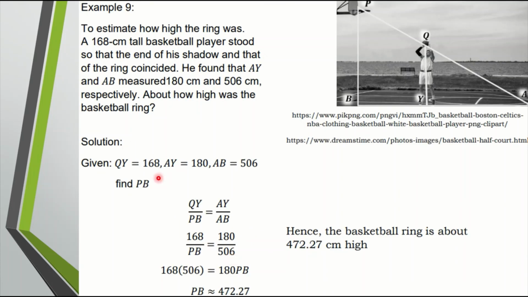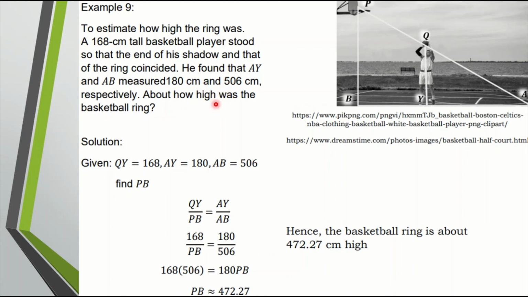Next, to estimate how high the ring was, a 168 centimeter tall basketball player stood so that the end of his shadow and that of the ring coincided. He found that AY and AB measured 180 centimeter and 506 centimeter respectively.